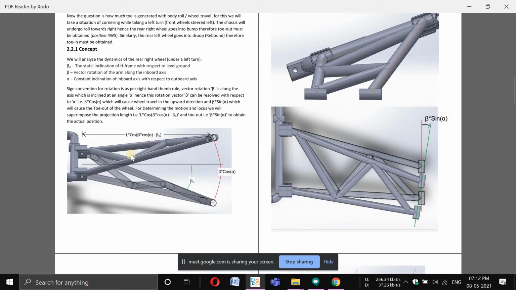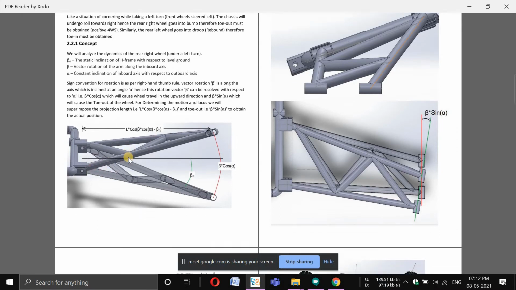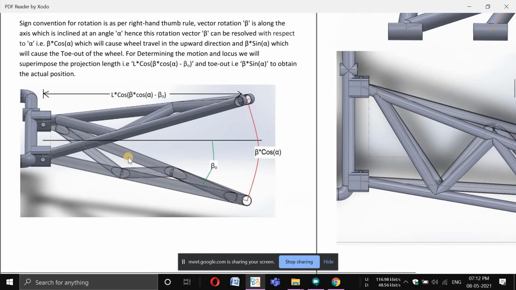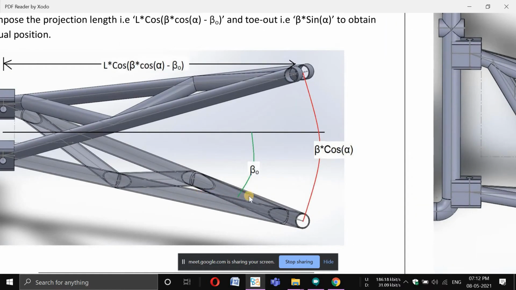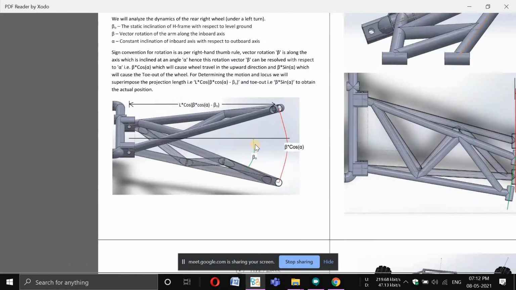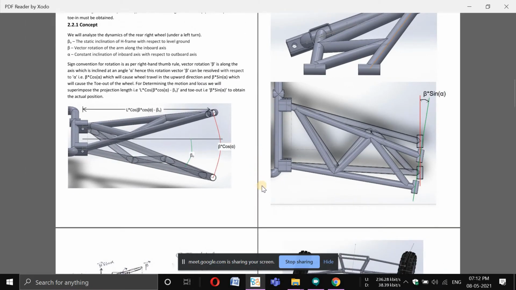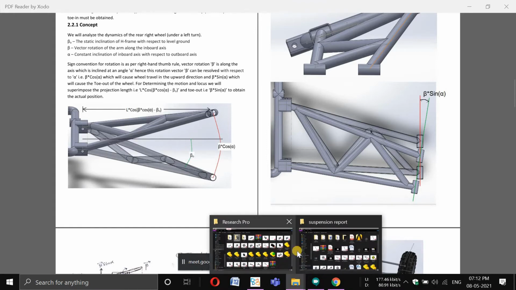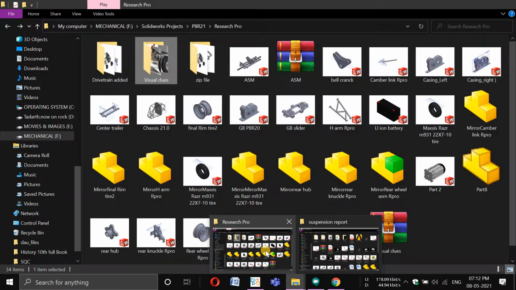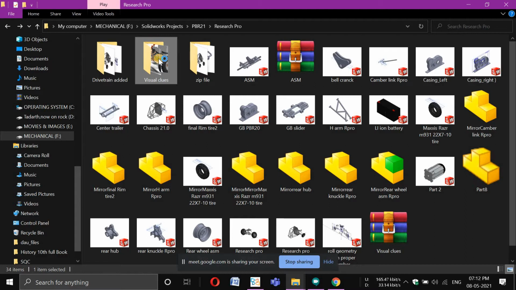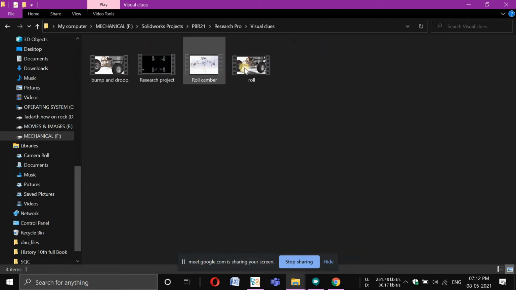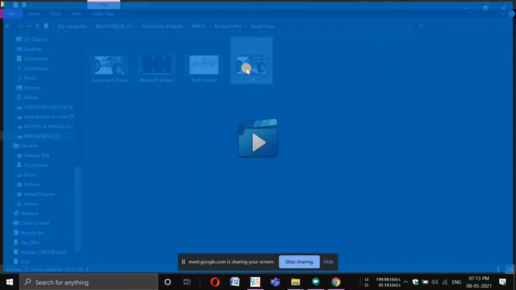Suppose this is one, sir, this travel of angle beta naught. Okay, sir, let me show it through an animation so that you can get what I am trying to say.